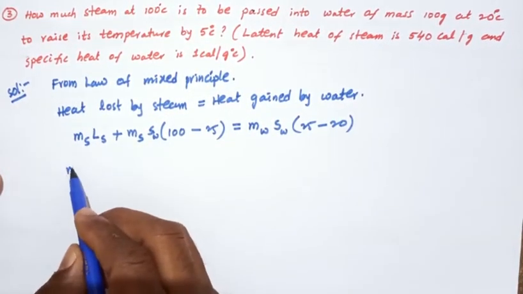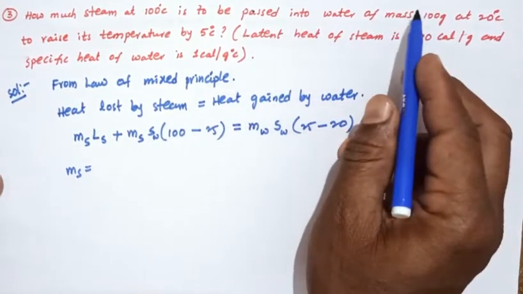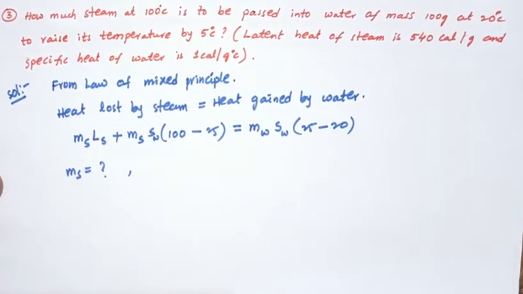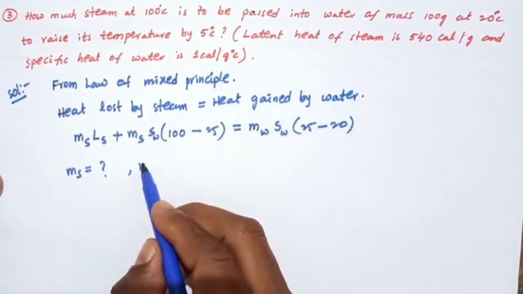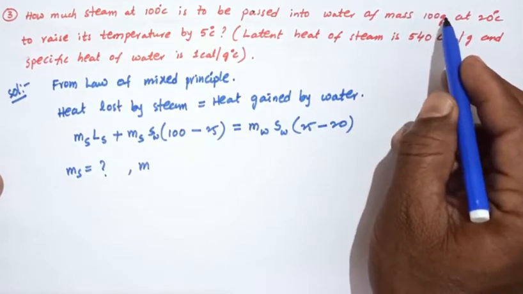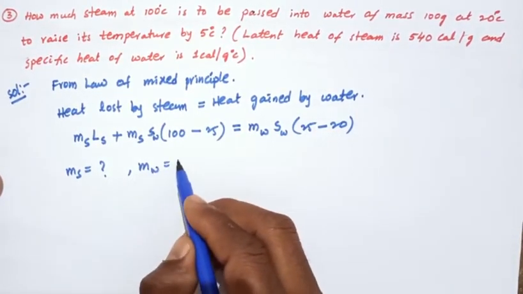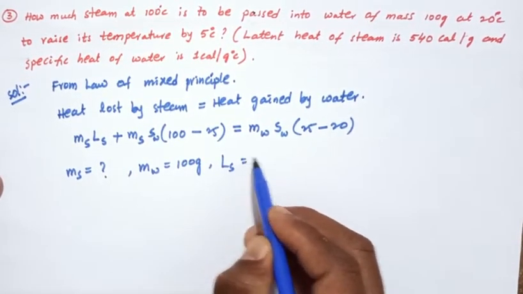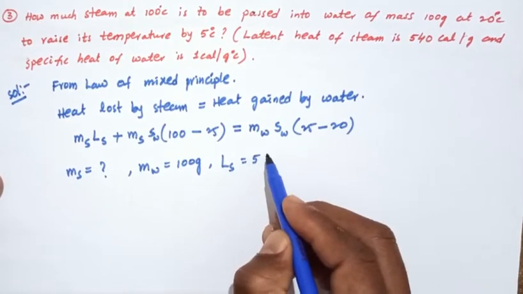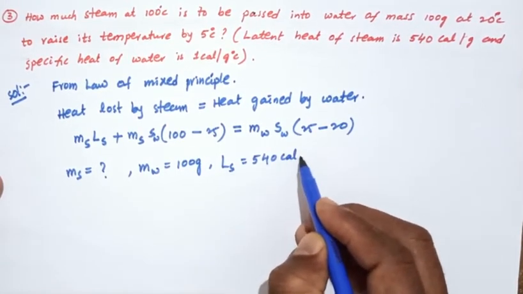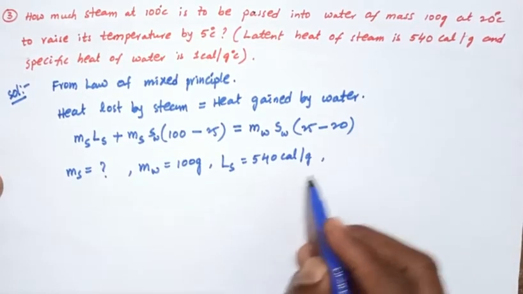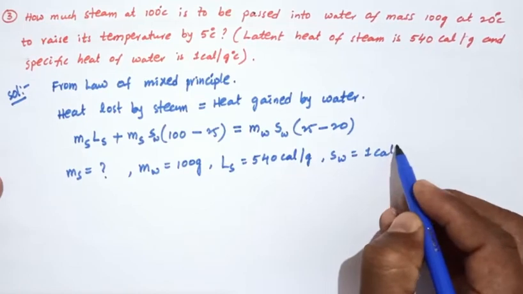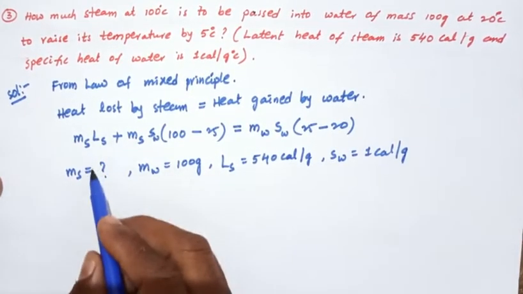So here ms is the mass of the steam, which we can find out. The mass of the water is 100 grams. Latent heat is given, 540 calories per gram, and the specific heat of water equals 1 calorie per gram. Substitute.